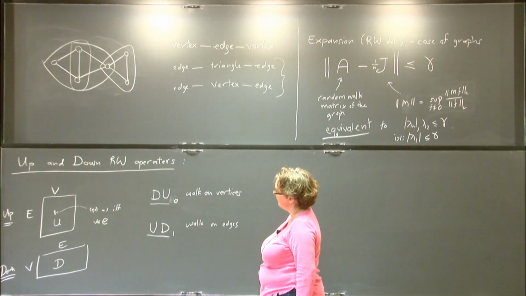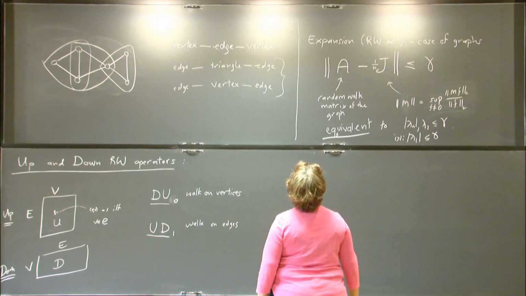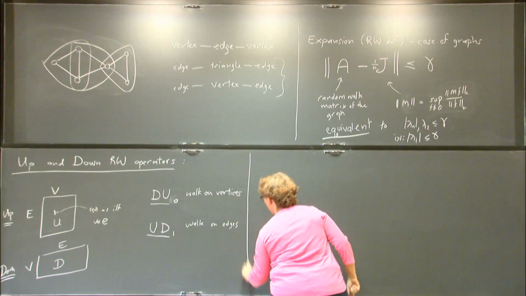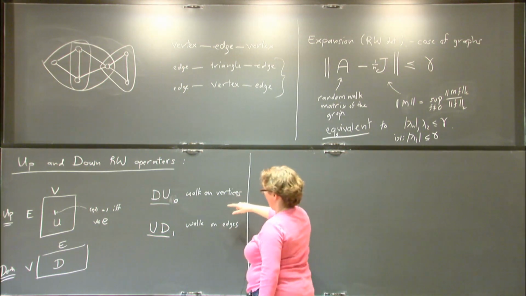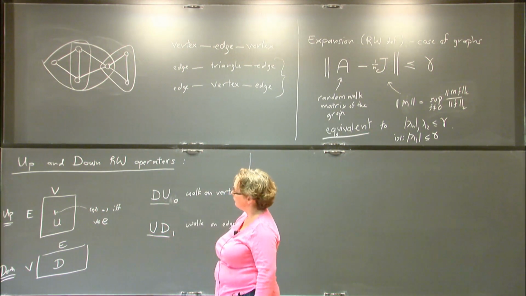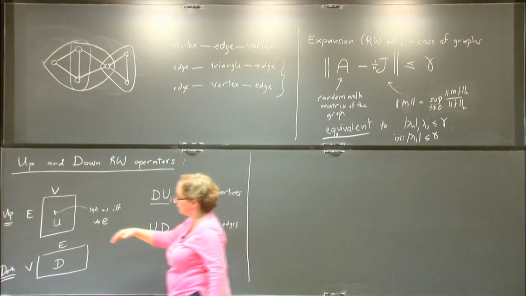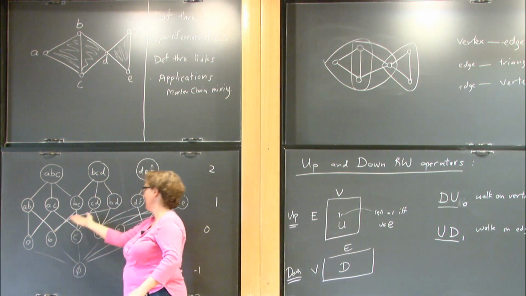Okay, so now I'm starting to get to that. First I wanted to say, instead of A, I just want to write DU. So you go up to an edge and down to an edge. And instead of J, I want to write DU. You go down to the empty set and up to the vertex.